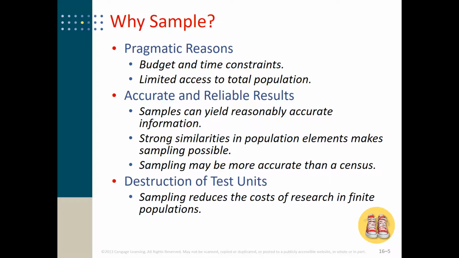Now the question is, why sample? I already have said that sometimes it's not economically feasible, or it's not feasible in terms of time, to research the whole population. That's why you go for a sample. So the pragmatic reasons are budget and time constraints. Our resources may not support focusing on all the elements of a population.